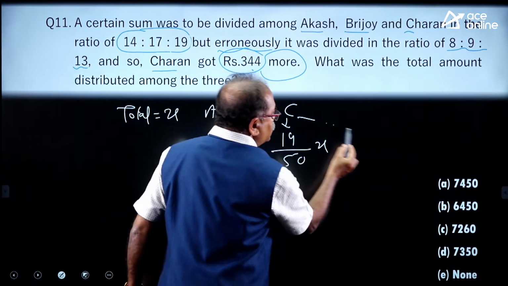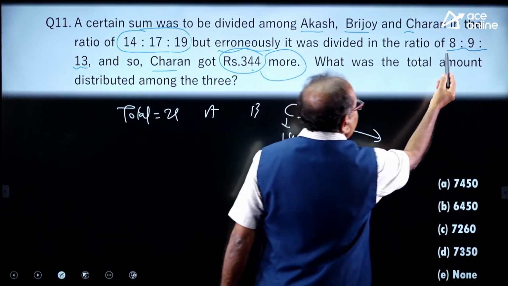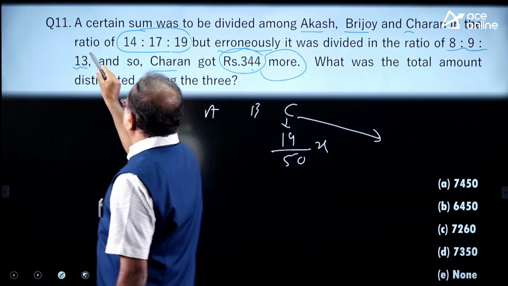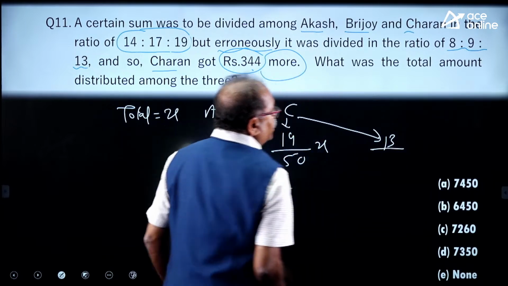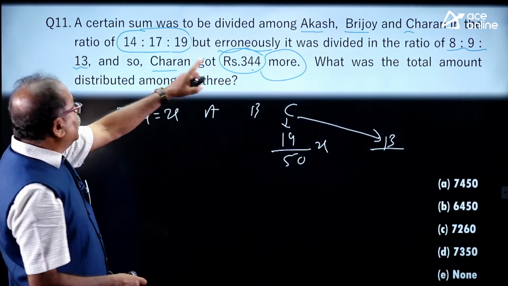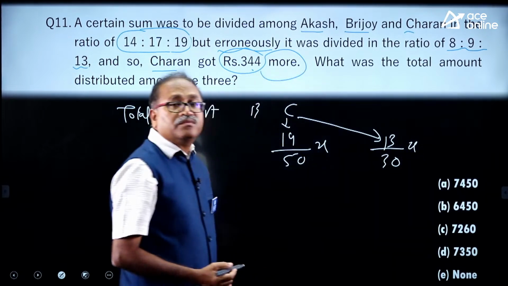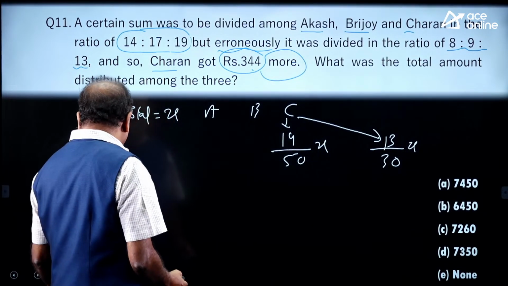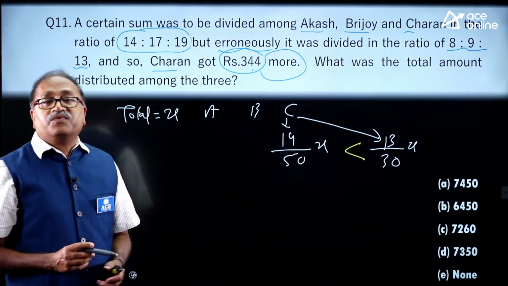But how much is he getting because of the mistake in distribution? Because it is distributed in this ratio 8:9:13, he gets 13 parts. Out of how many parts? 8, 9, 13 makes 30. He gets 13 by 30x. So this time, whatever he is getting is greater. He is receiving 344 more.